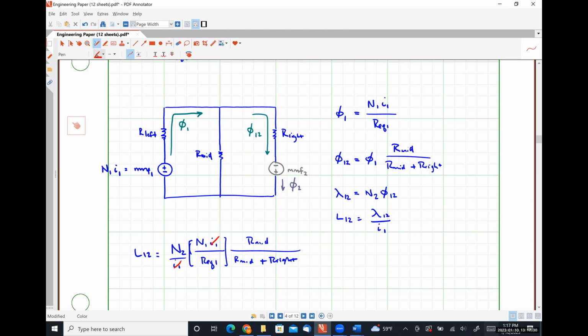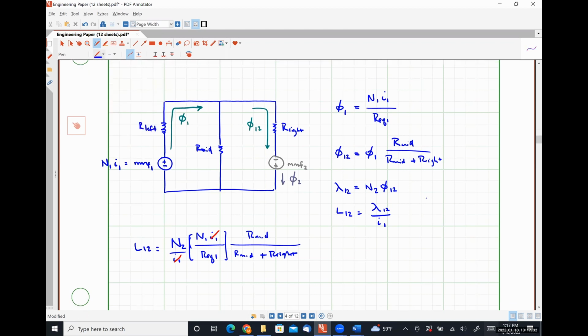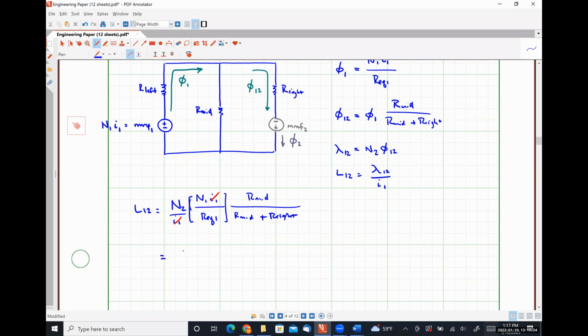And we have N1 times N2 times R mid over REQ1 times R mid plus R right. And we substitute in our numbers. So that is our mutual inductance.